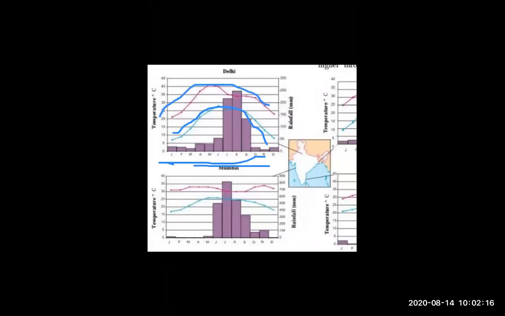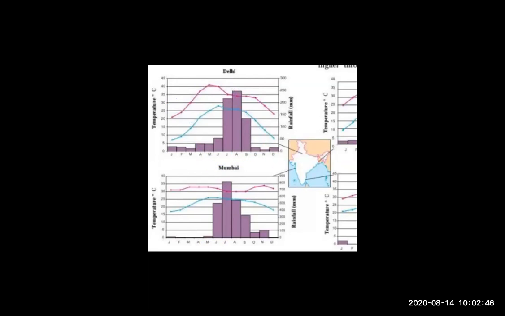So you should know, if I ask you where there is more rainfall, here there is more rainfall in Delhi, and in which month? In August. And if I ask you in which month there is more rainfall in Mumbai, in July. In July there is more rainfall in Mumbai.